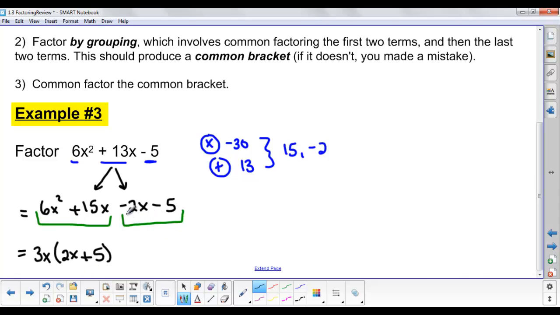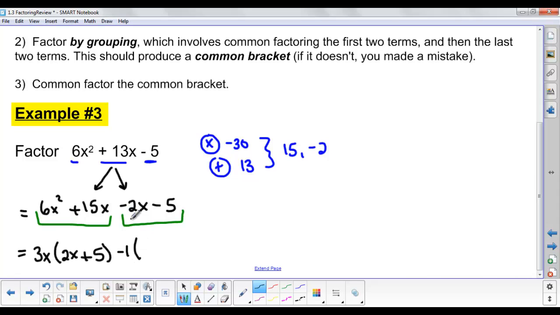Now, I'm going to try and common factor here. There is nothing that is common. However, in order to do factor by grouping, we need to have brackets that are the same. So what I'm going to do is take out a -1.